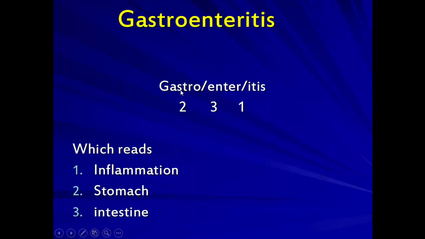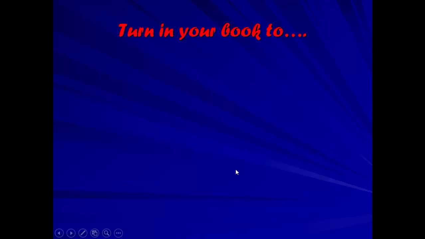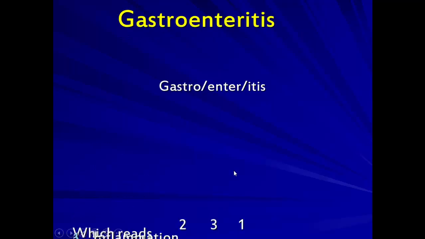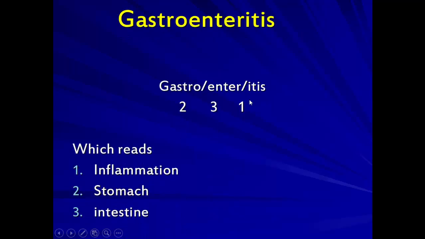And then we go to the front of the term and we see gastro, and then we have enter. And so we're going to learn the meanings of these. Itis, we're going to learn, means inflammation. Gastro means stomach, and enter means intestine. So we're going to read those terms, read the definition back to us the same way that we defined the term, which is to read from back to front to middle. So we would read, this term means inflammation of the stomach and the intestine.